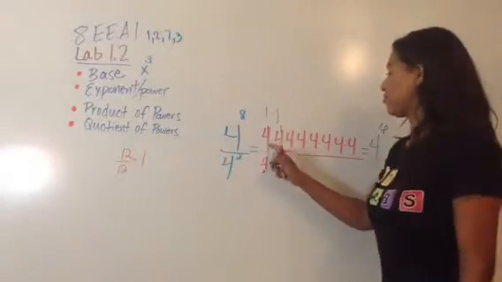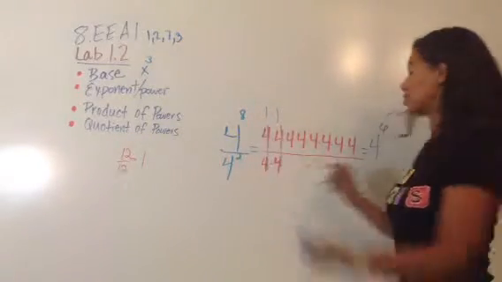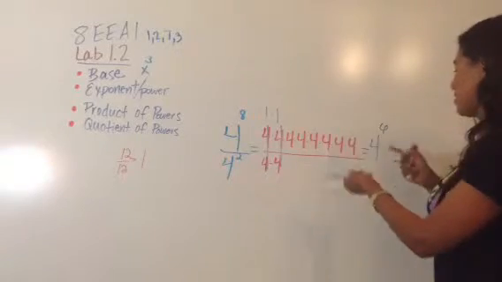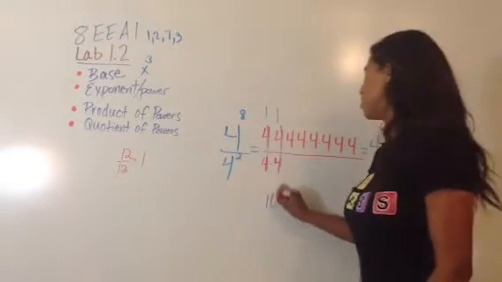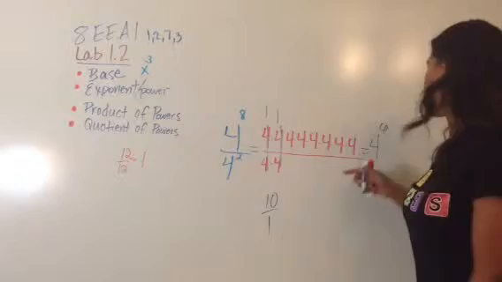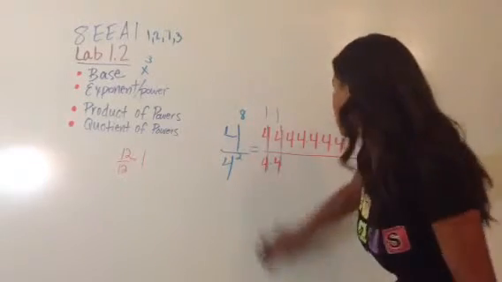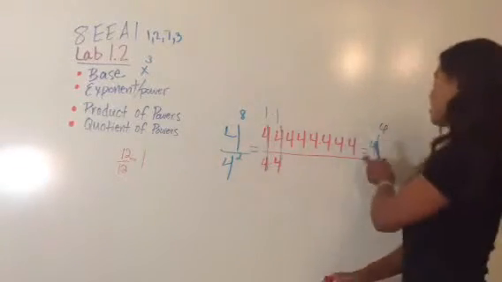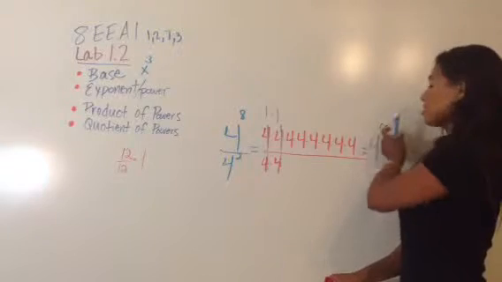We know the number 10 is the same as 10 over 1, but we need not write it here. So this will be our final exponential form, 4 to the 6th power.